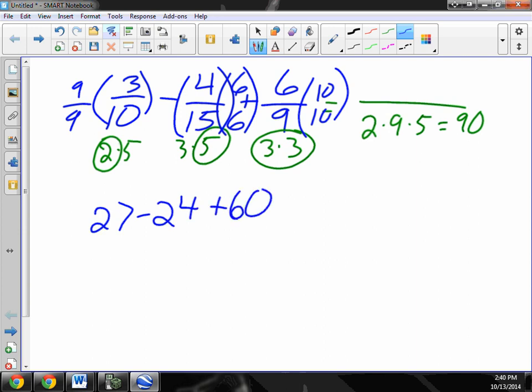That would be 63 over 90, right? Does 63 over 90 simplify? They're both divisible by 3. So that would be 21 over 30. Does that simplify? Yes. 3 again, 7/10. That would be your answer.